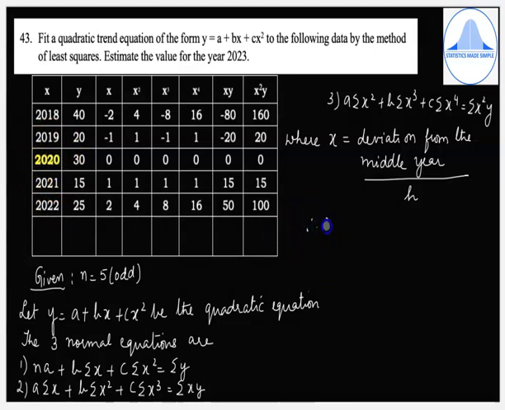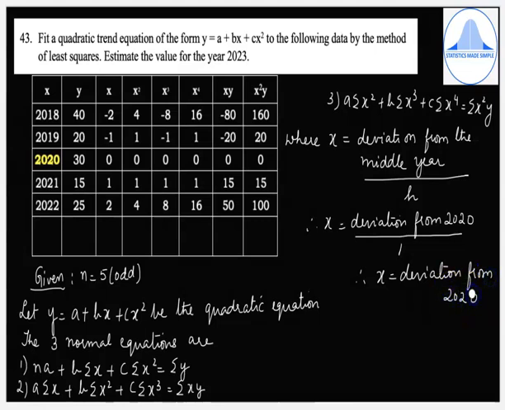So therefore x is equal to deviation from 2020 and h is the difference between the years, which is 1. So therefore you get x is equal to deviation from 2020. So now we need to form the columns x, x square, then you have x cubed, x to the power 4, xy and x square y.